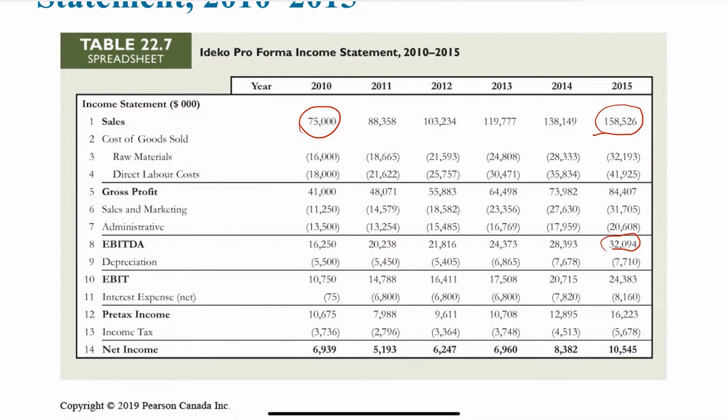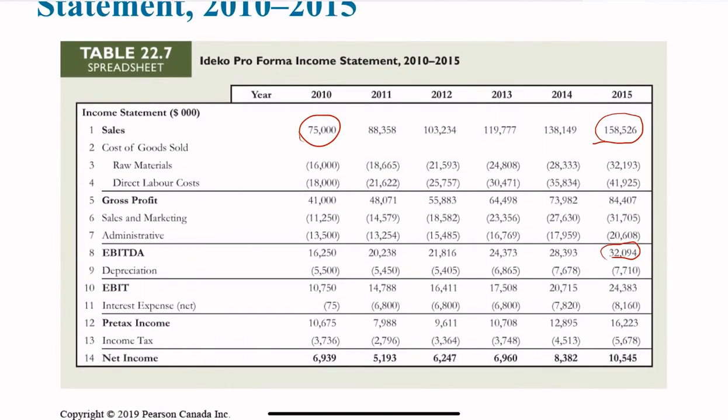So you can imagine that if we assume the firm's market share stayed at 10%, then the sales number in 2015 should be 10% divided by 15% times this number, right?